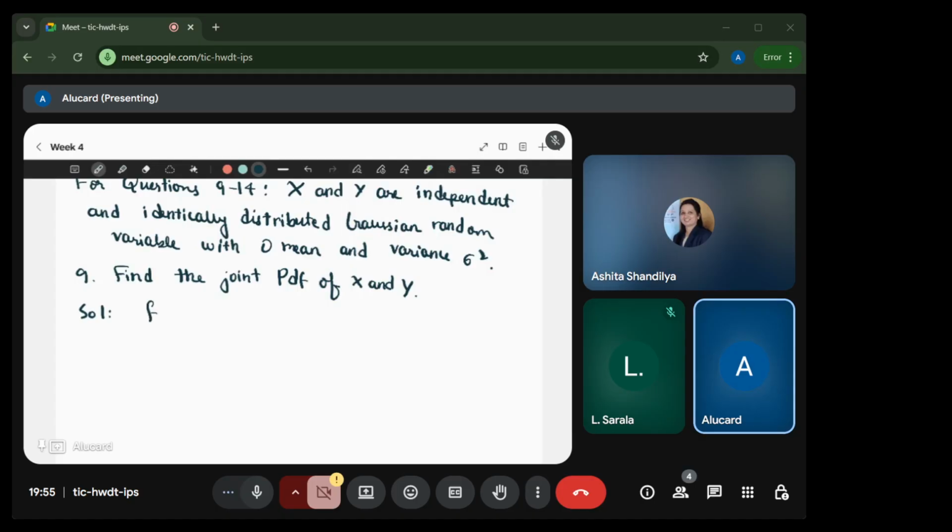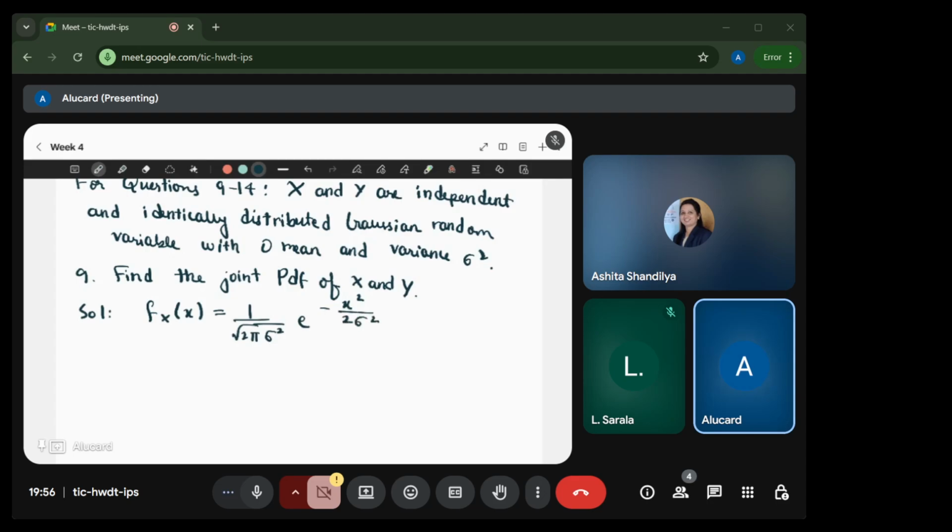Since we are dealing with two Gaussian random variables with zero mean, the density of each of them is, density of x is fx of x equals 1 over square root of 2 pi sigma square e power minus x square over 2 sigma square.